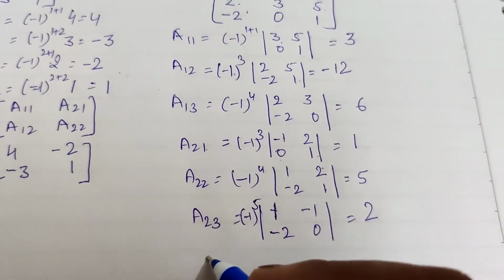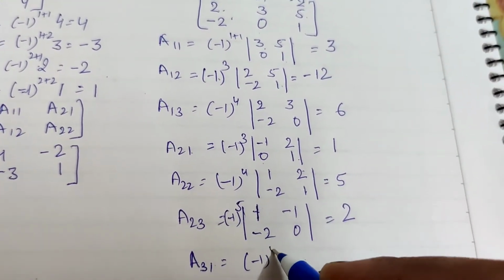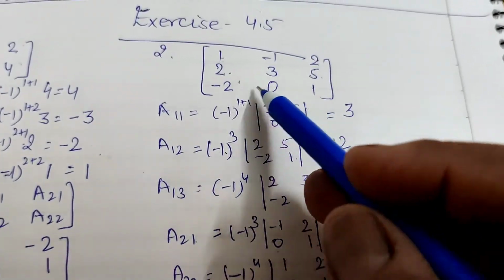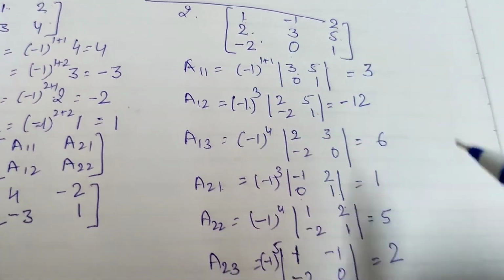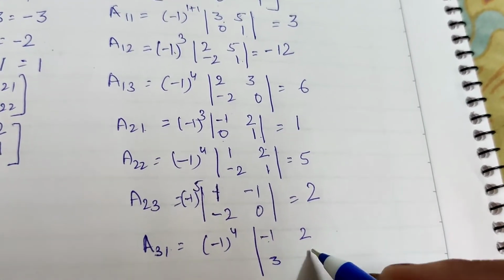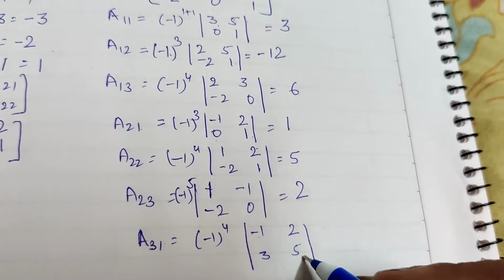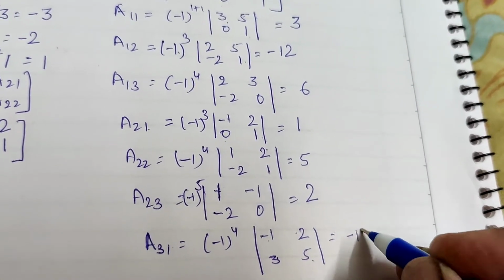A31: minus 1 raised to power 4, third row, first column. The matrix is minus 1, 2, 3, 5. It is minus 5 minus 6, which is minus 11.